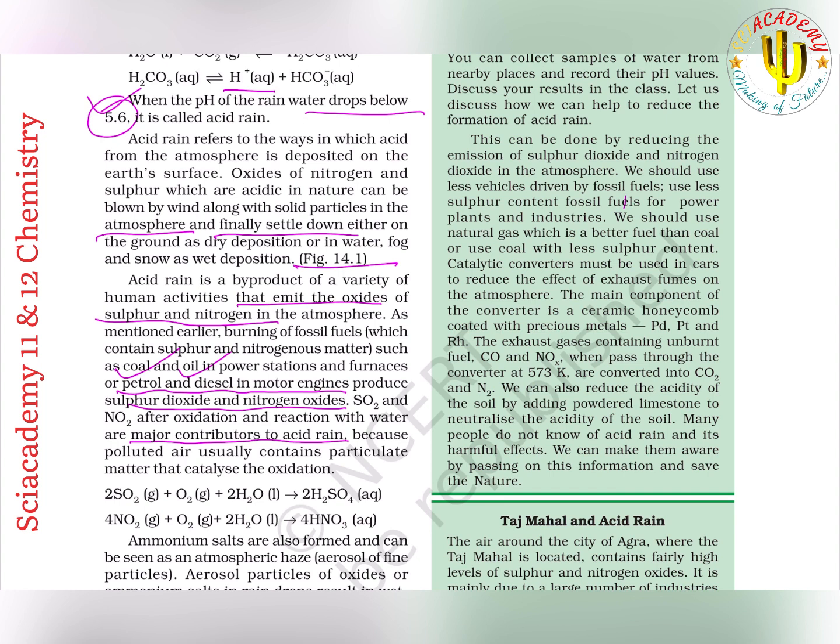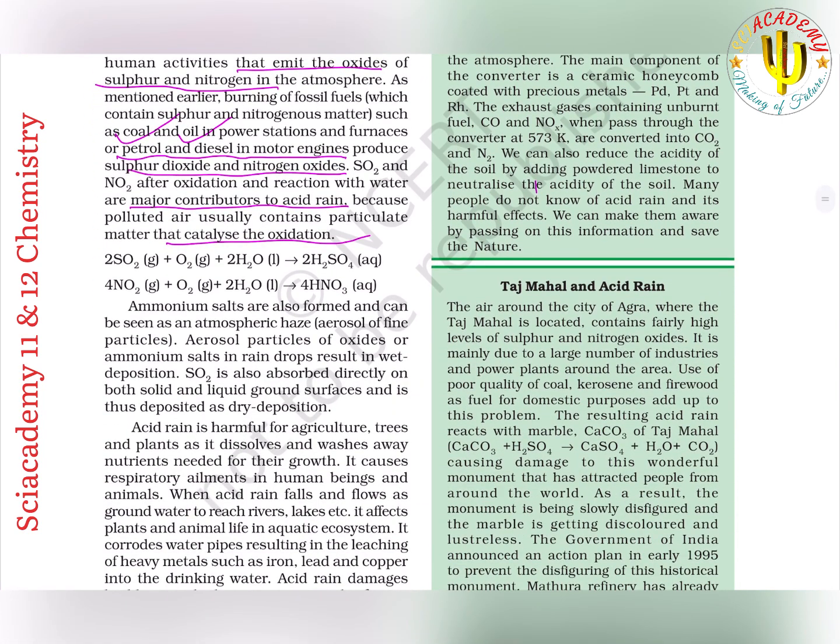Because polluted air usually contains particulate matter that catalyzes the oxidation, as follows: 2SO2 (gas) plus O2 (gas) plus 2H2O (liquid) gives 2H2SO4 (aqueous). 4NO2 (gas) plus O2 (gas) plus 2H2O (liquid) gives 4HNO3 (aqueous).